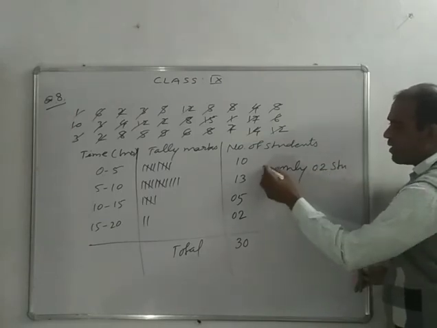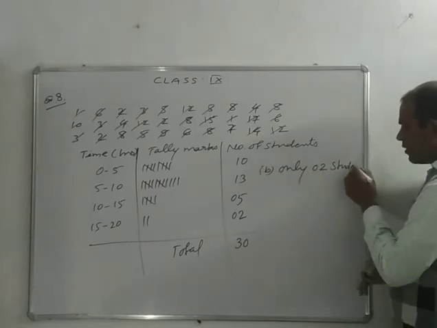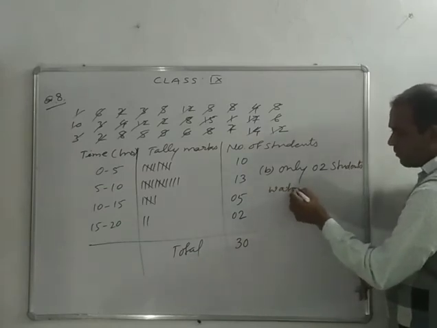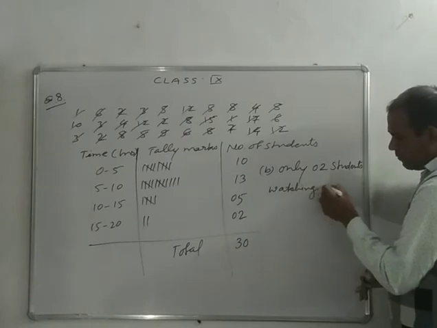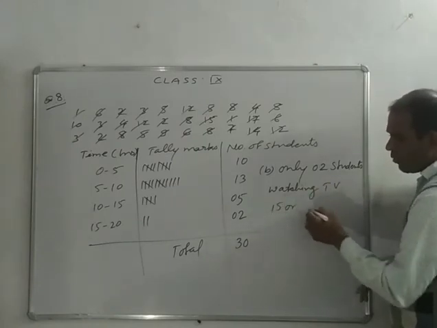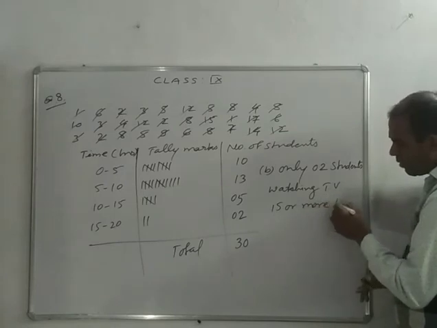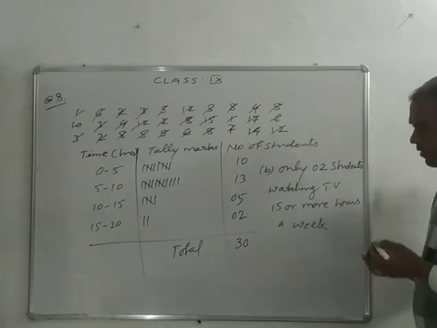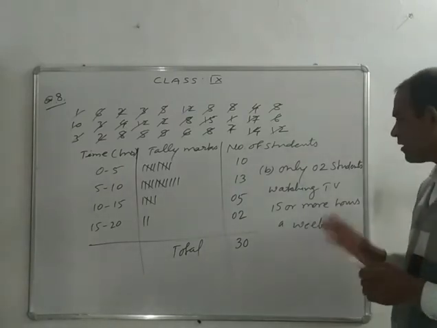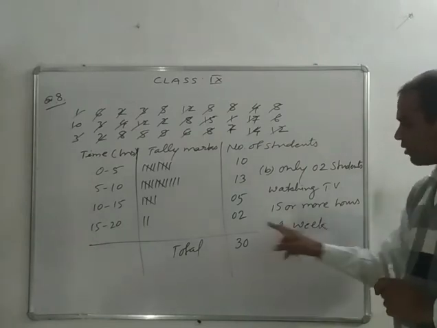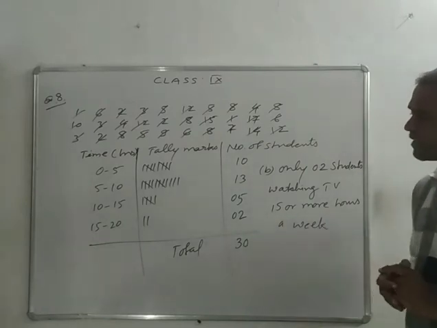The answer of B part: only 2 students watching TV 15 or more than 15 hours in a particular week.